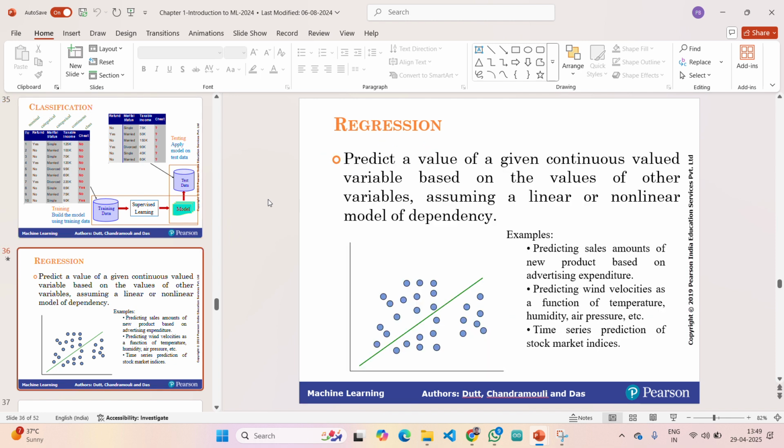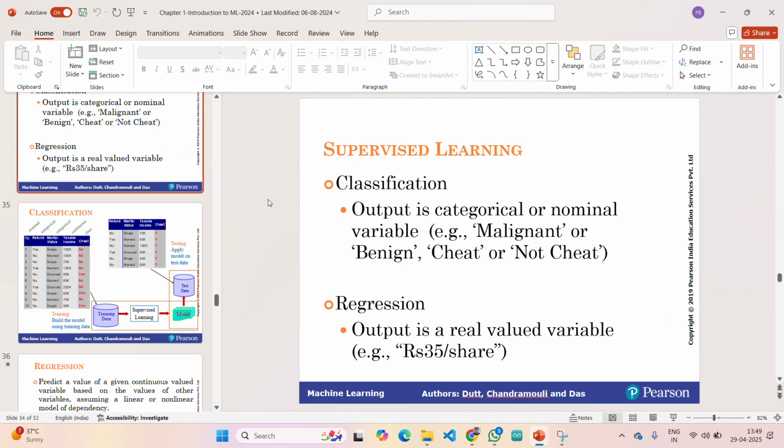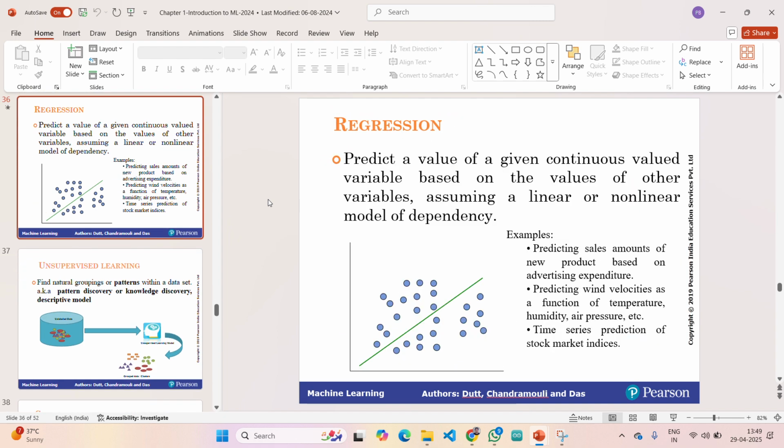Next, coming to regression. Classification, as I told, is for classifying and all. Now coming to this part, regression: predicting a value for a given continuous value. I told you for some continuous predictions, we are going to use these regression models. It uses probability and statistical techniques and all. Actually, here we are going to discuss all the concepts up to our machine learning level.